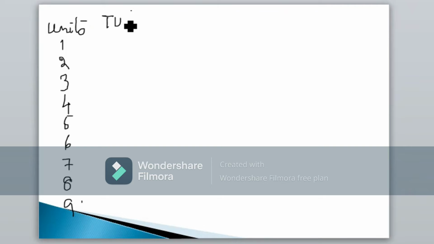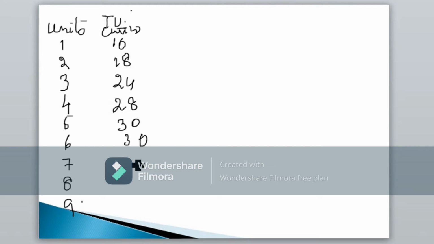Total utility, which is measured in utils: 10, 18, 24, 28, 30, 30, 28, 24, 18. Okay, so this is given.